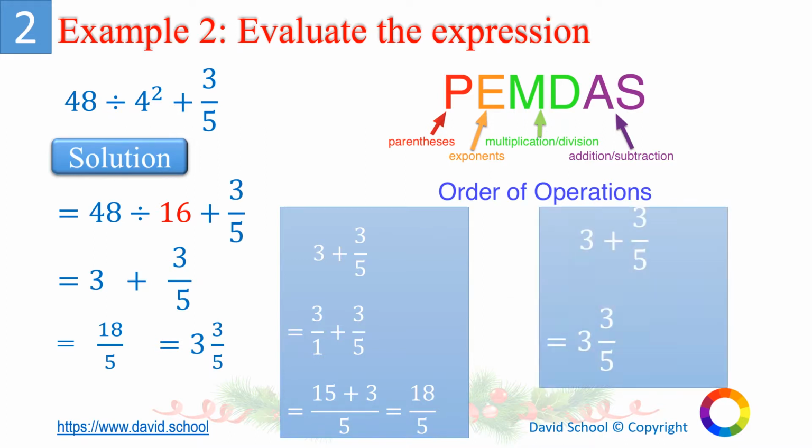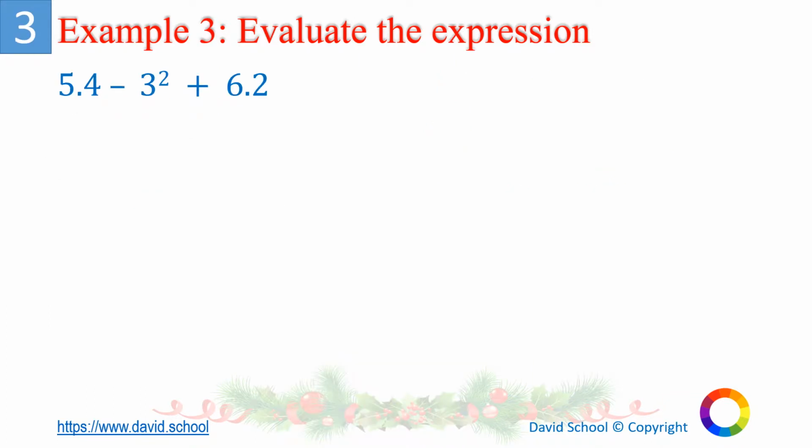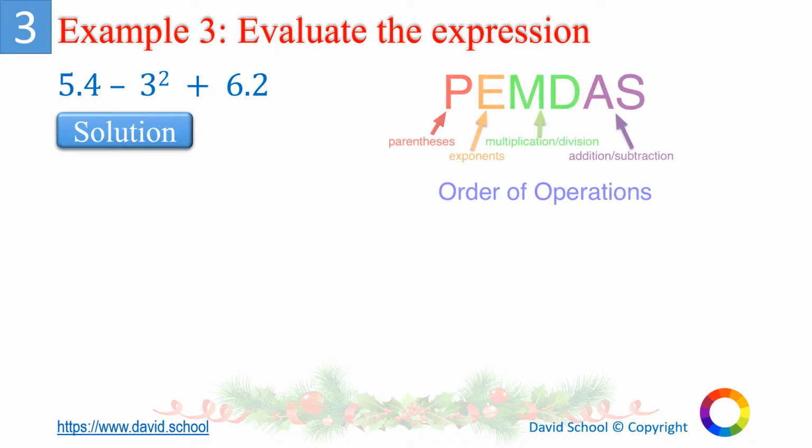Example 3. 5.4 minus 3 squared plus 6.2. We follow the order of operations. Since there is no parenthesis, we skip the first step. There is an exponent, 3 squared.